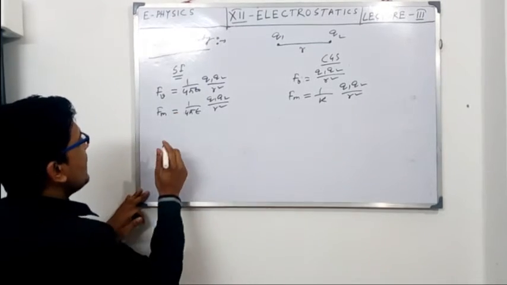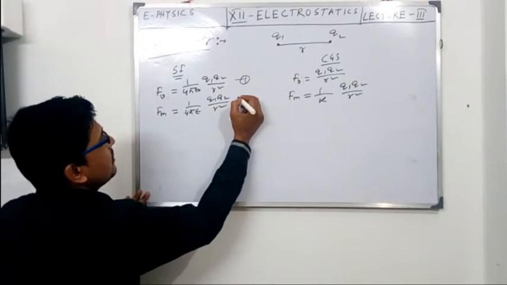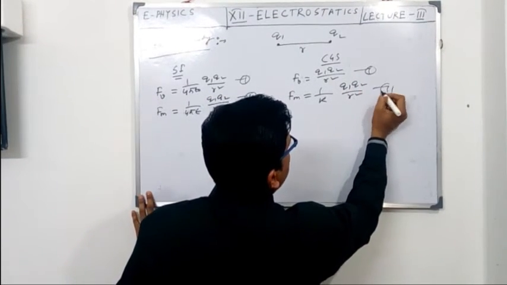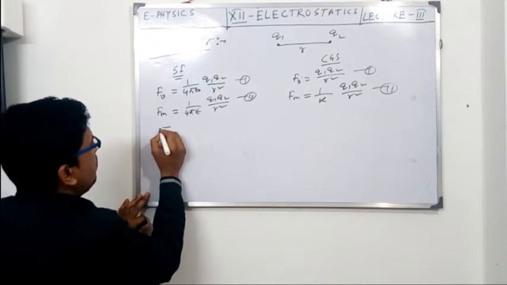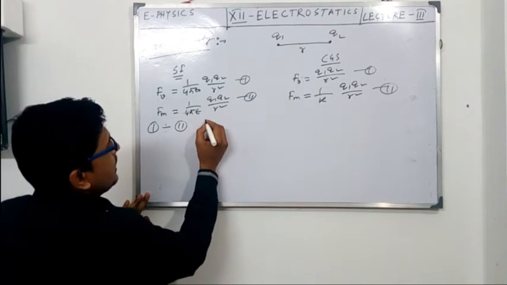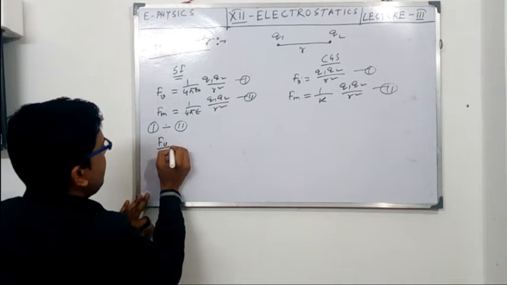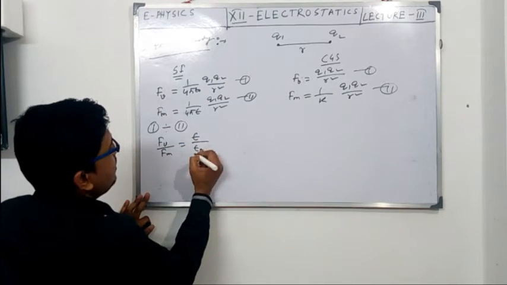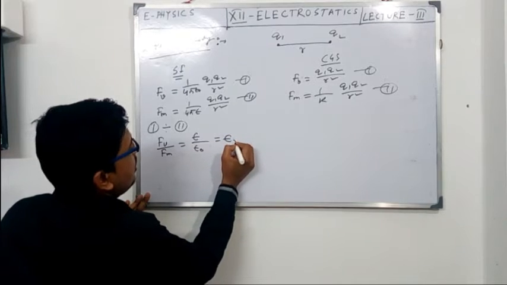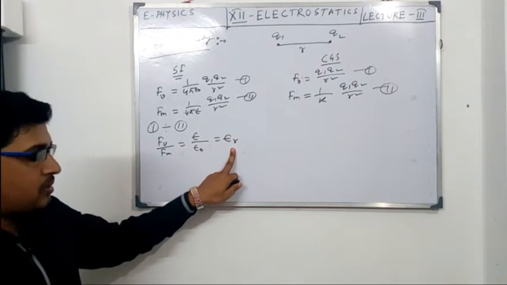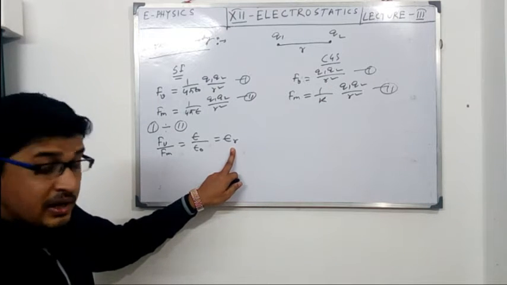Okay. Now this is equation number 1, this is equation number 2. Now 1 divide 2 करेंगे. So in that case Fv by Fm will be epsilon by epsilon naught, which is represented by a new term.